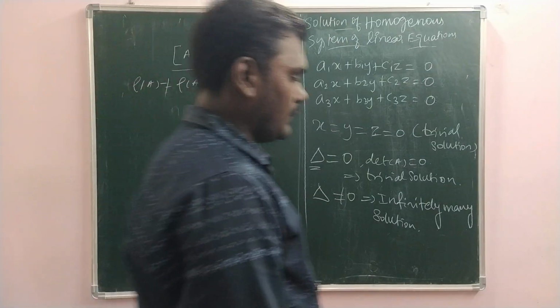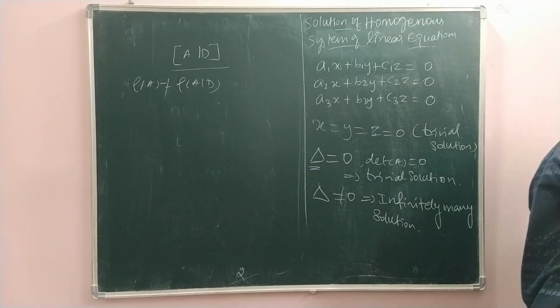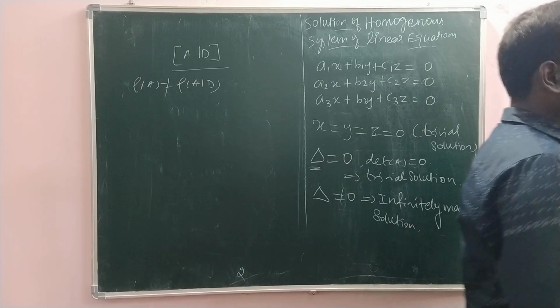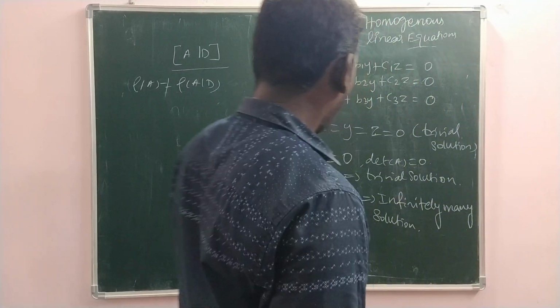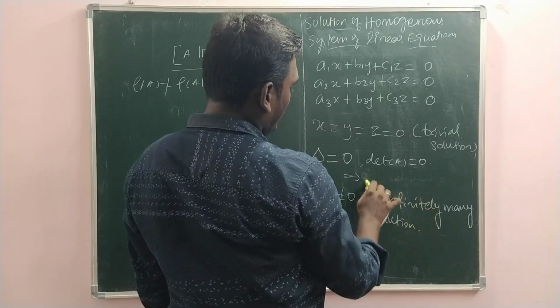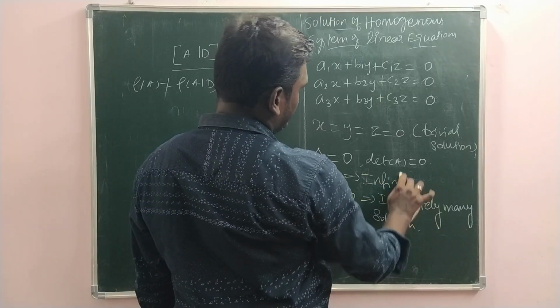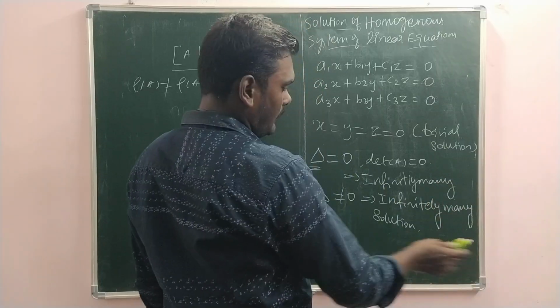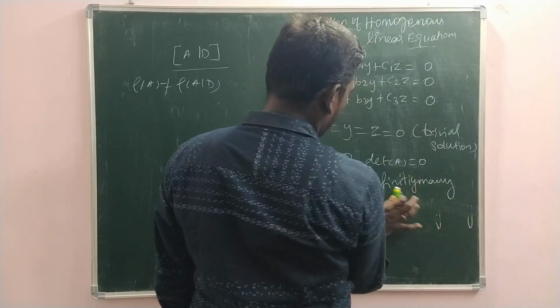Okay, now based on this, we'll solve one question. Sorry, I was wrong. See, only if del is equal to 0, we have infinitely many solutions. Only if del is not equal to 0, we have the trivial solution.